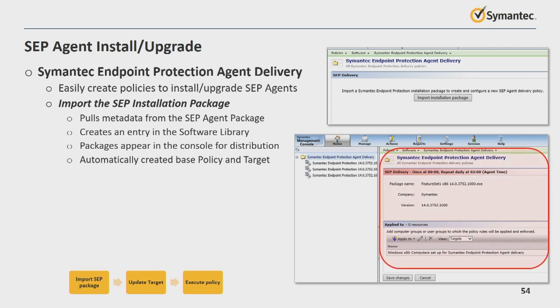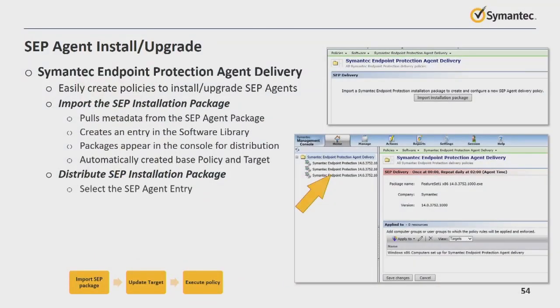I know a lot of you are very experienced with delivering software, but imagine if you're a SEP customer who's not familiar with our console and they just started using it. This sets up all their SEP targets and their policies and everything so they can easily take it from SEP and use us as the delivery mechanism. But it's also real easy for you guys because you already know how to do this.